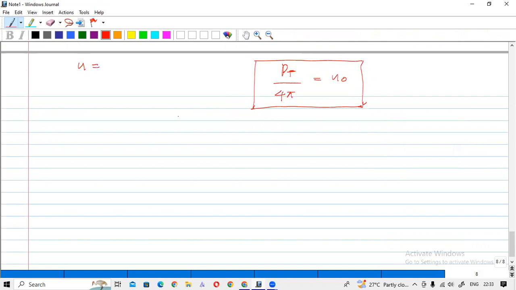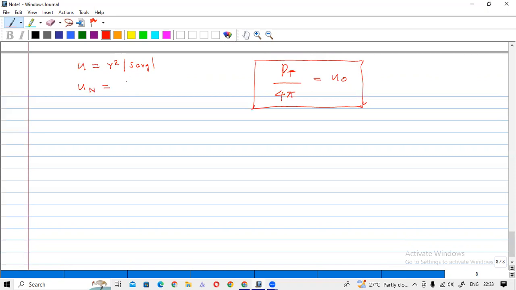The radiation intensity is the power radiated through a unit solid angle. So you can find it like this. And you have also defined another one, normalized radiation intensity.